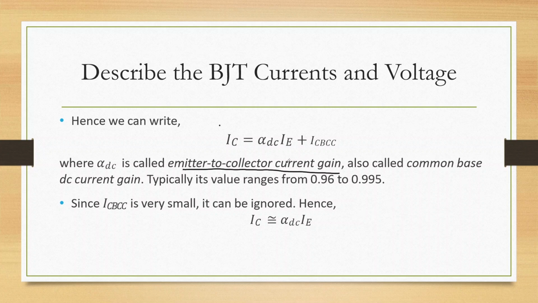The entire problems, I'll make one video. Few important problems, different types of problems I'll solve, and I'll be explaining that in the upcoming videos. So this is the common base DC current gain, and it is always ranging from 0.9 or 0.96 to 0.995.